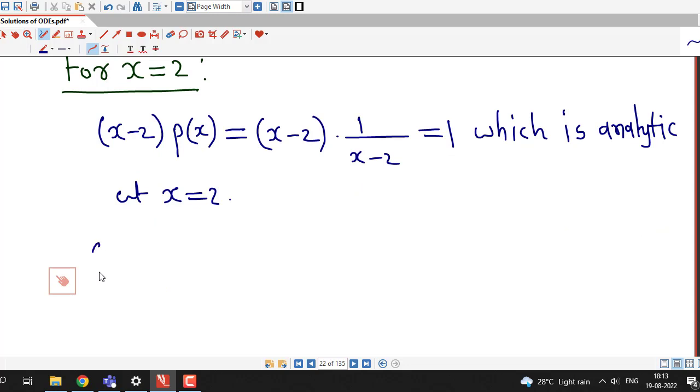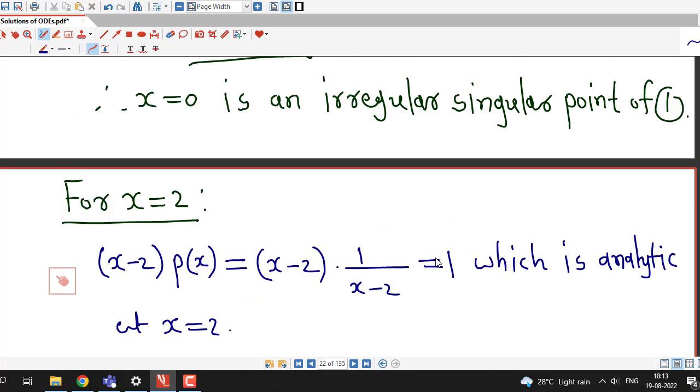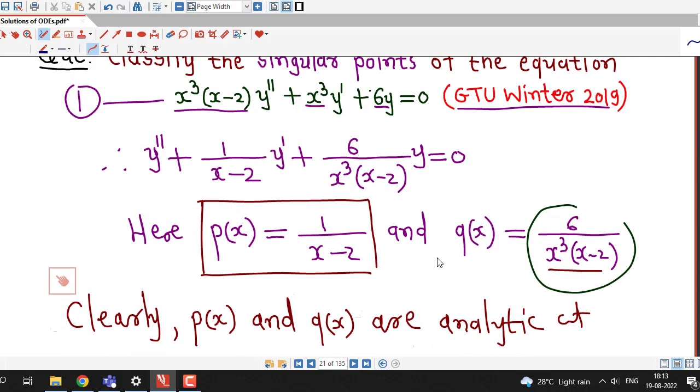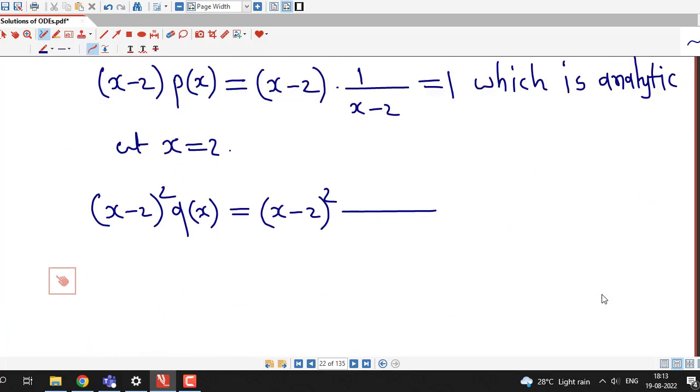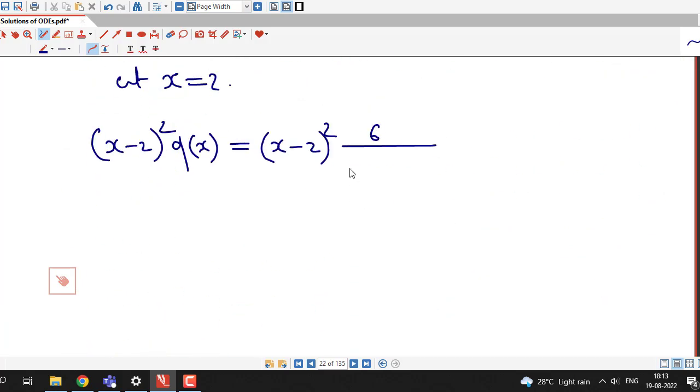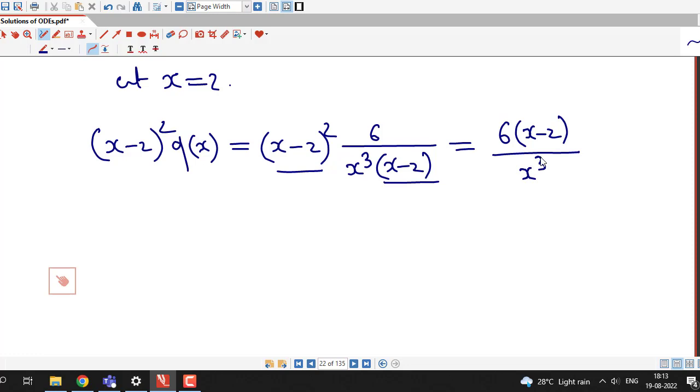And now we find what is (x minus 2) square times q(x). Value of q(x) is 6 divided by x cube times (x minus 2). So here this x minus 2 will cancel out, and we are left with 6 times (x minus 2) divided by x cube.